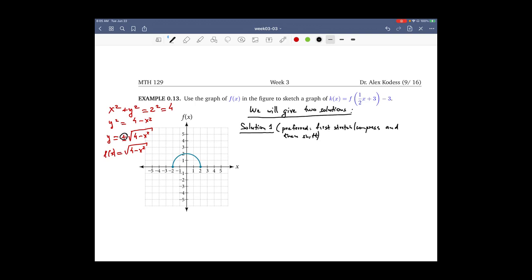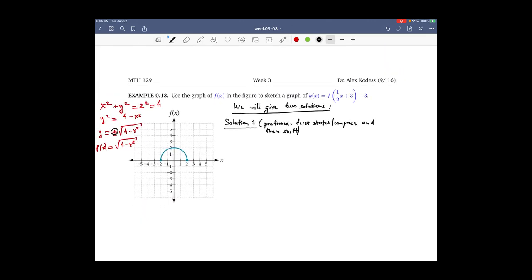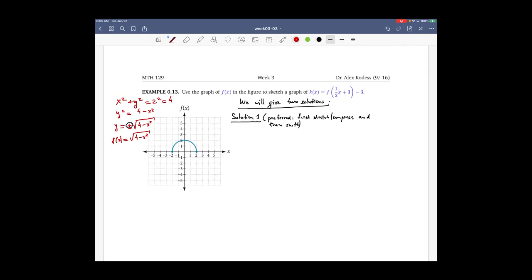So in order to write down that solution, we need to understand how we need to compress and shift. So I'd like to rewrite my function as f at 1/2 taken outside, and in parentheses I have x plus 6. Outside the function I have negative 3. So now it's clear that we first horizontally stretch by a factor of 2.